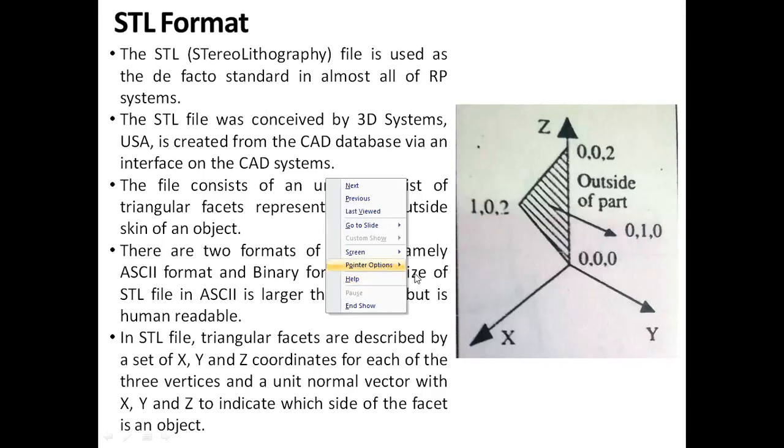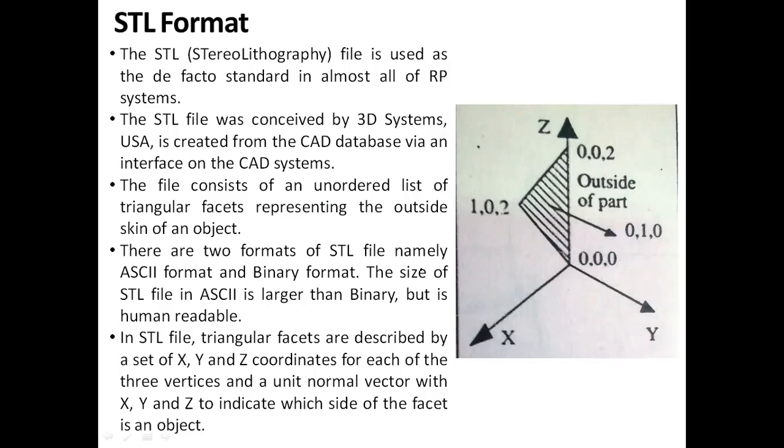That process was actually developed in 1986, and it used resin as the raw material. And they developed this format where a CAD model was converted into an STL file for the purpose of storing the data.